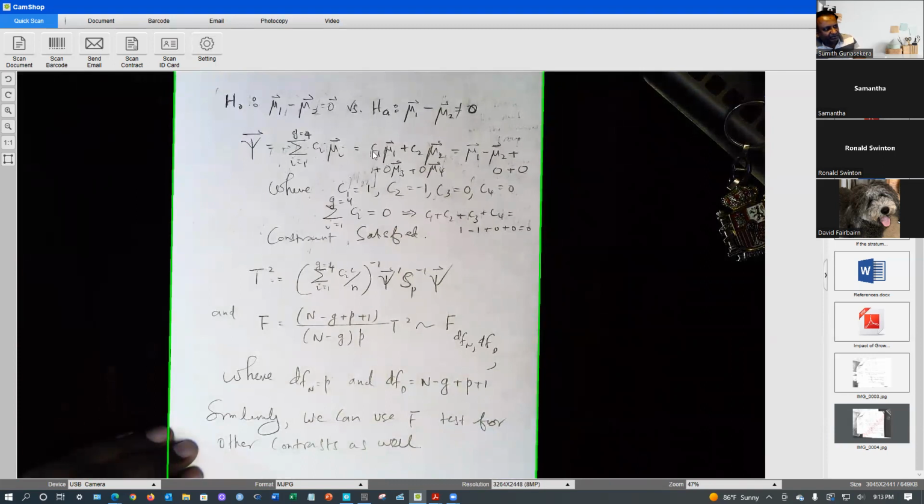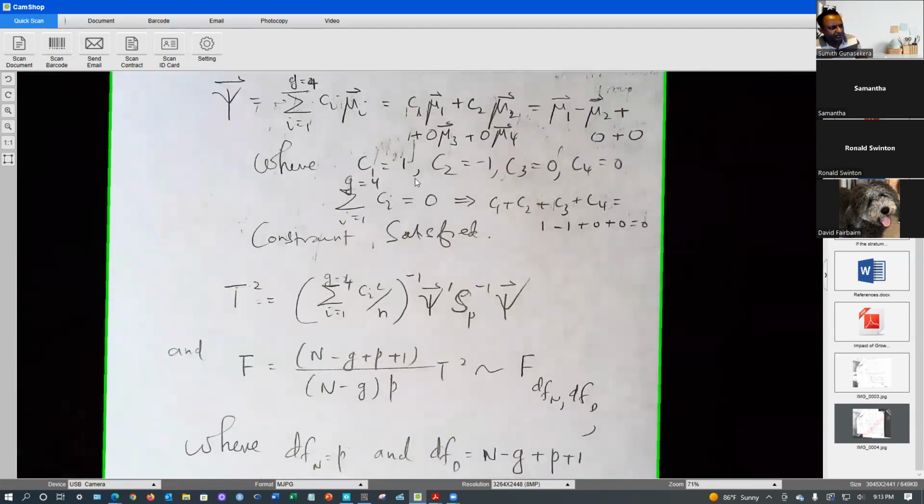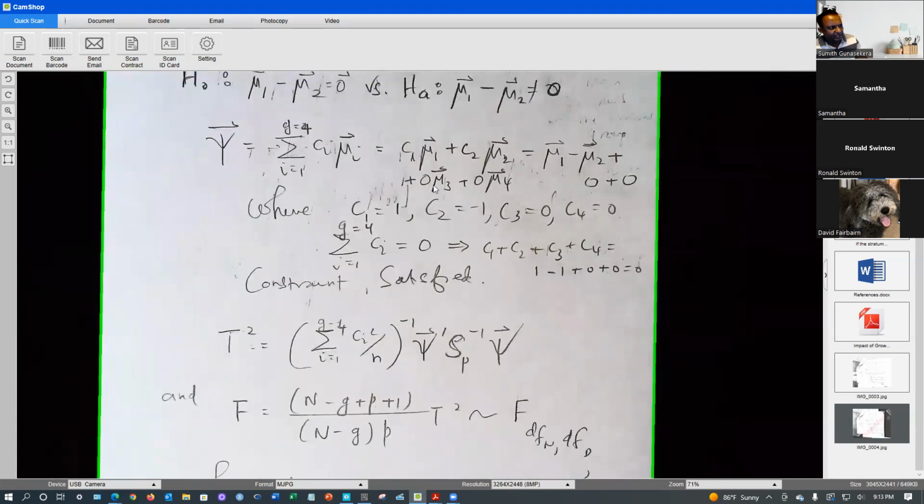For C1 mu1 plus C2 mu2 plus 0 mu3 plus 0 mu4, which is the same as mu1 minus mu2. That's what I need. I'm talking about my left hand side, this part.